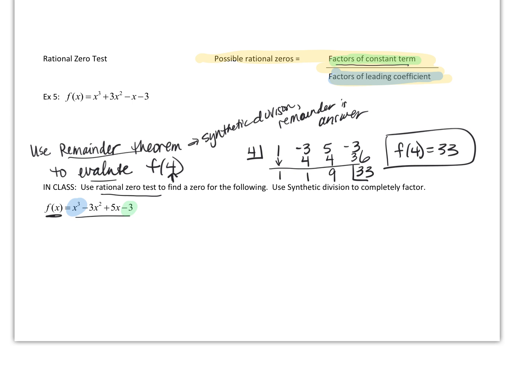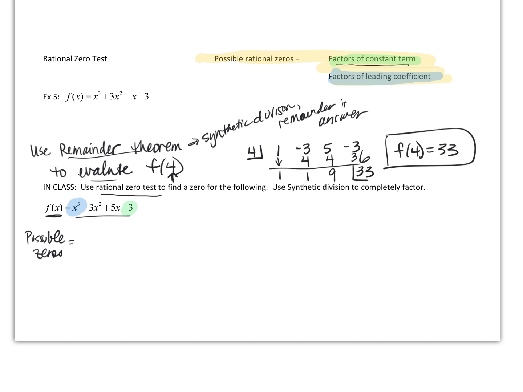So in this example, my possible zeros: factors of the -3. Factors, remember, mean what are the numbers that you can multiply together to get -3? What numbers multiply to give you 3?